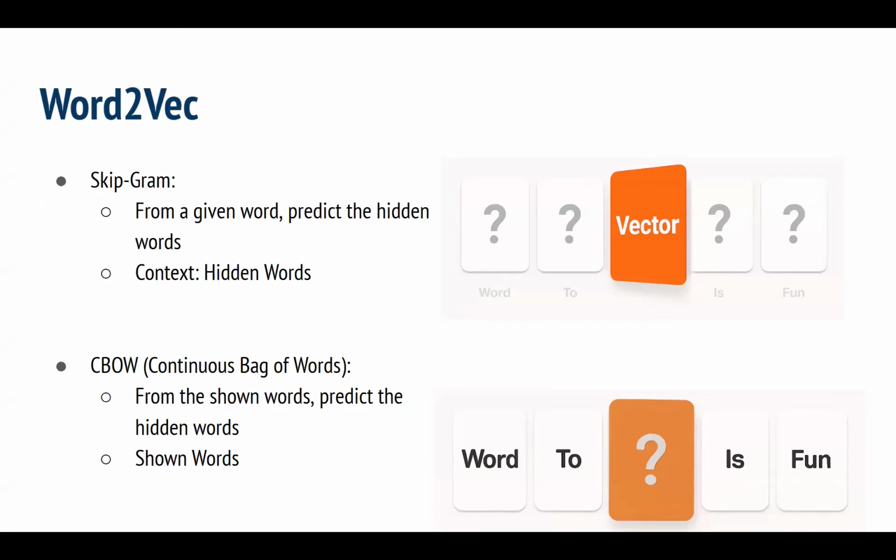There are two variations of Word2Vec algorithms. Imagine you have a sentence, and this sentence is "Word2Vector is fun." If I give you the word "vector," can you predict which word appeared in the same sentence? This is called skip-gram. Or there is another way called continuous bag of words. If I just give you the context, can you predict that the hidden word is "vector"? We will get into the details of each, but we're just talking here at a high level of how they work.